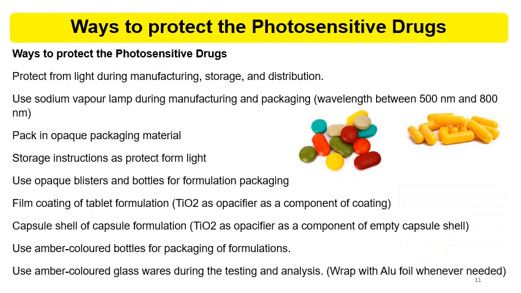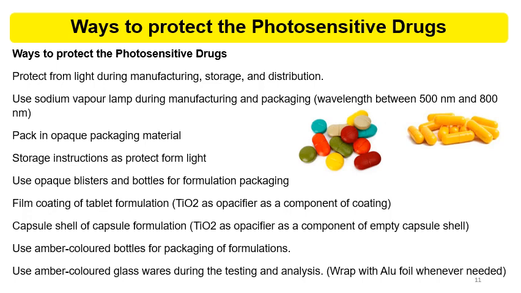Then if you found that the API or formulation is photosensitive, then what are the ways to protect the photolabile drugs? So these drugs are required to be protected from the initial level. Protect the formulation and the APIs from light during the manufacturing, storage and distribution.